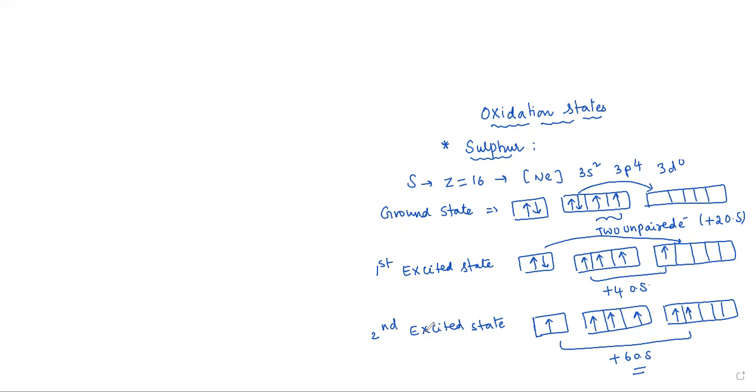But this +6 oxidation state is very less stable when it comes to polonium because of inert pair effect. +4 oxidation state is more stable than +6 for polonium.